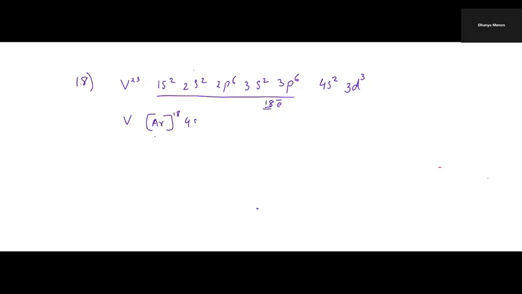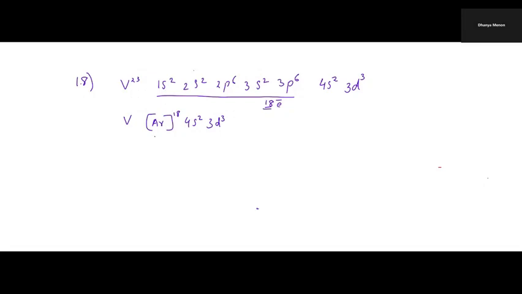This is just a method of denoting it so that we can save some space. Rather than writing the whole thing, we write it in this way. Okay, I'm showing it like this because we will be using this kind of configuration.